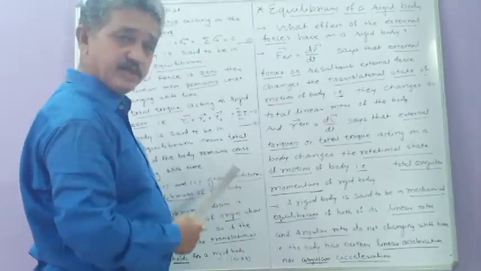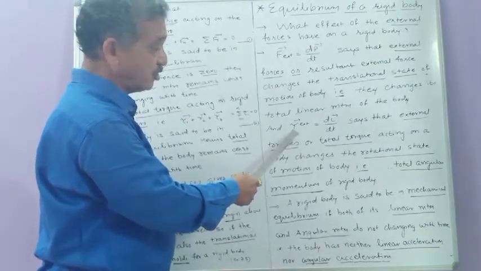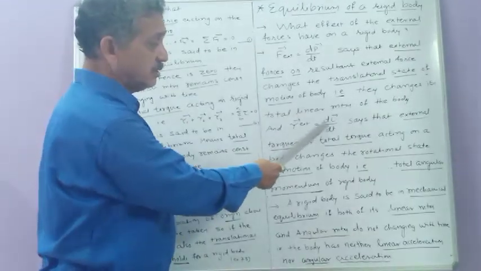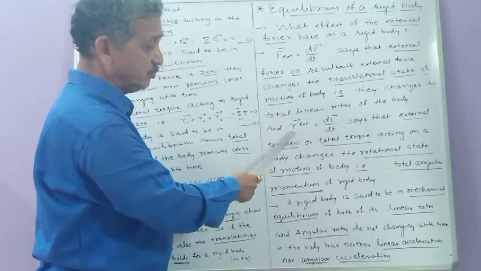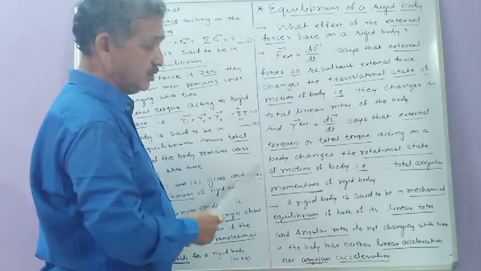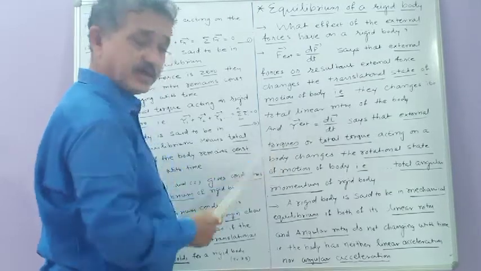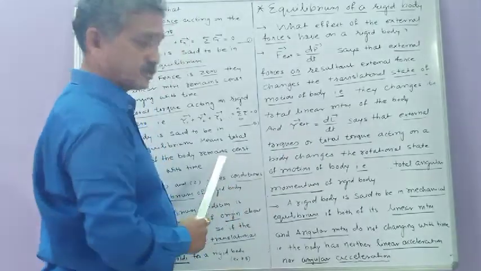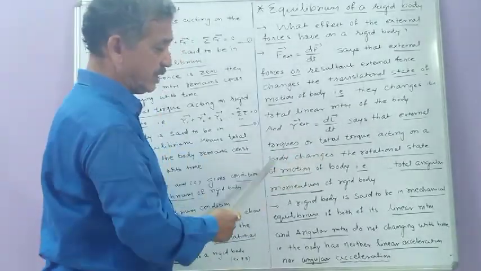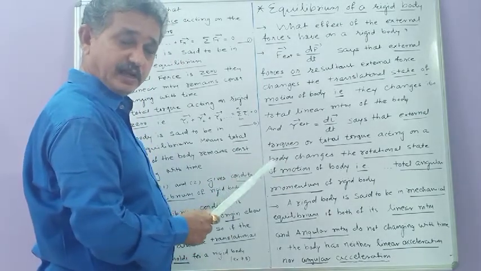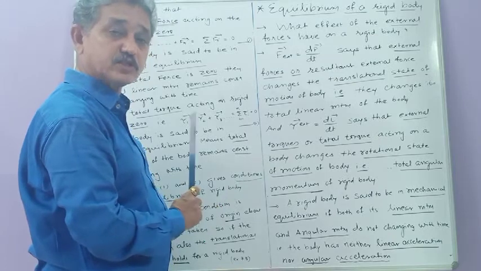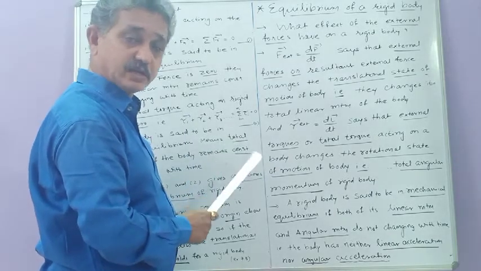On the other side, Newton's second law for rotational motion says the time rate of change of total angular momentum is equal to the net external torque. So this equation says that the external torque, that is the total torque acting on a body, matters. Here we consider only the external forces; there is no importance of the internal forces.